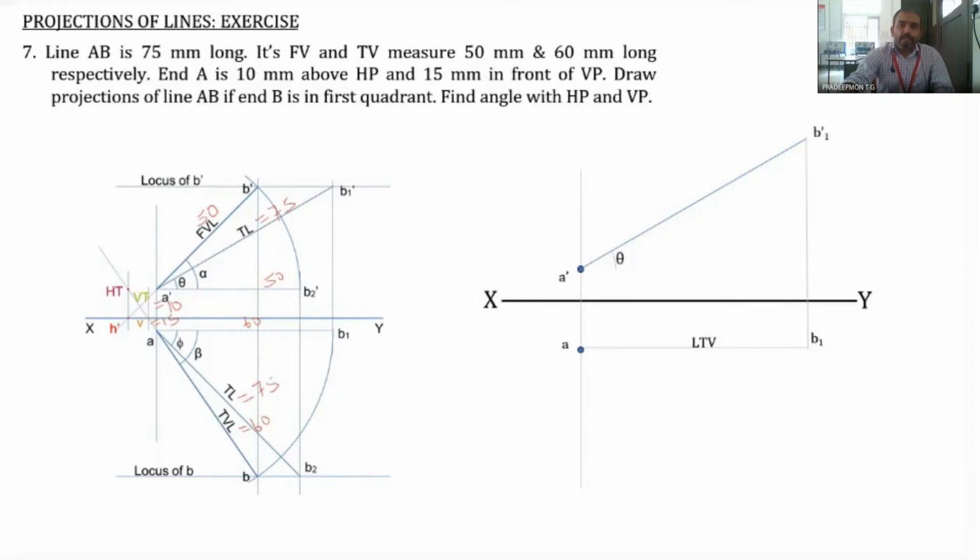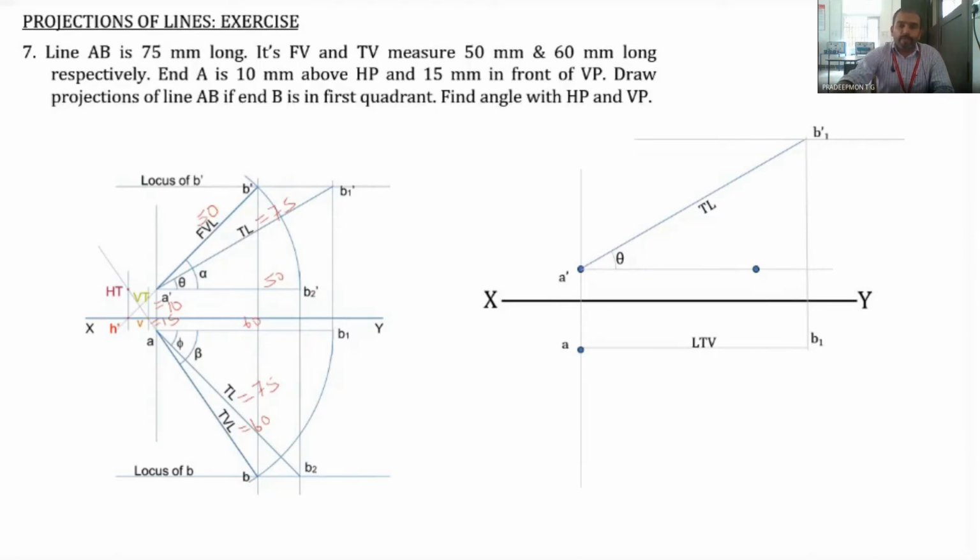And now this inclination of A dash B1 dash with the horizontal is given as theta. That is the true inclination with the HP that is obtained. Now from B1 dash, draw a horizontal line. This horizontal line is the locus of B dash. This is the true length, and there it will be the locus of B dash. And in the horizontal line through A dash, you can find out B2 dash.